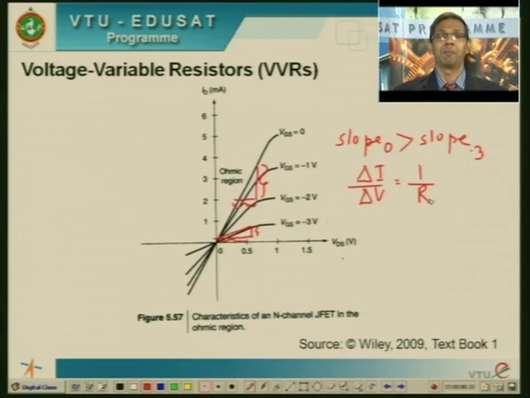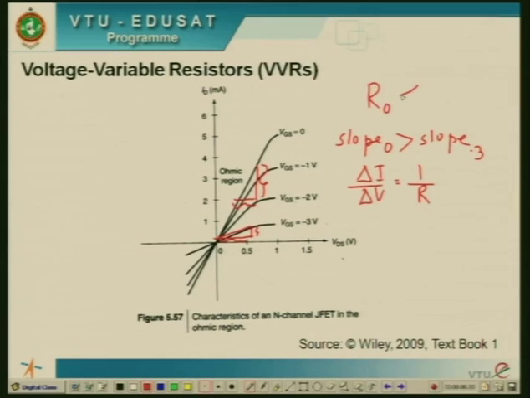Because R is V upon I. Therefore, since the slope at VGS equal to 0 is larger than the slope at VGS equal to -3, the resistance at VGS equal to 0 is less than the resistance at VGS equal to -3. If you answered this, the answer was correct, but I'd appreciate it if you could explain it using the fundamental technique of finding the slope.